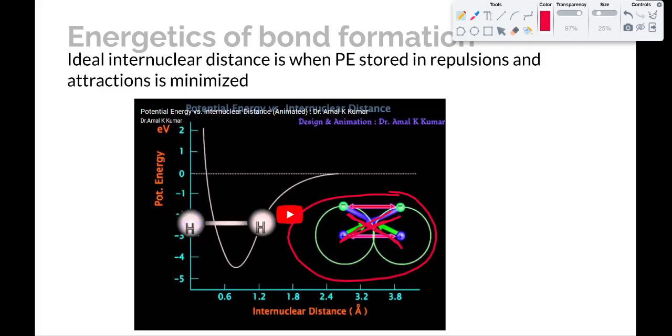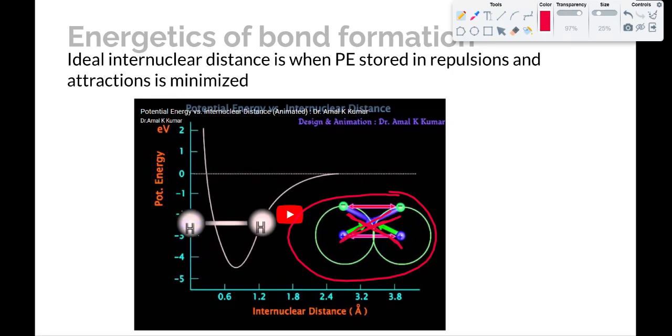As these atoms approach each other, the energy that's stored in the fact that the particles that are attracted to each other are now allowed to approach each other and not be held apart, that tends to lower the total amount of energy that's in the system. But then as they get closer and closer, the repulsive forces between proton and electron begin to increase the amount of energy that's stored.